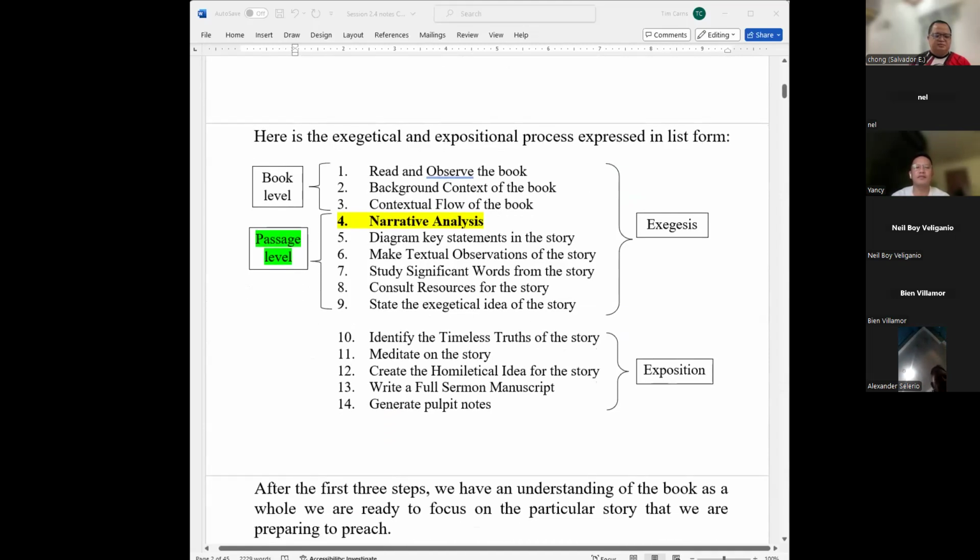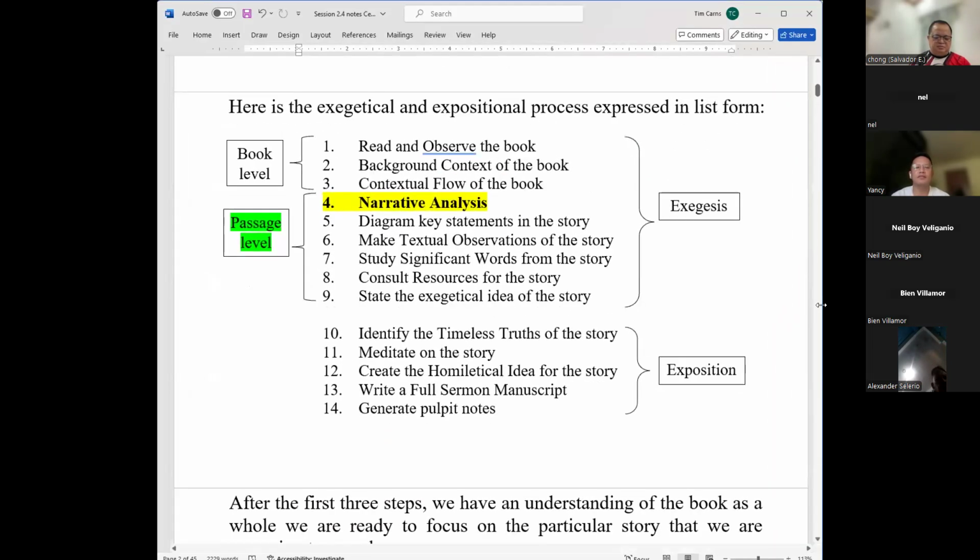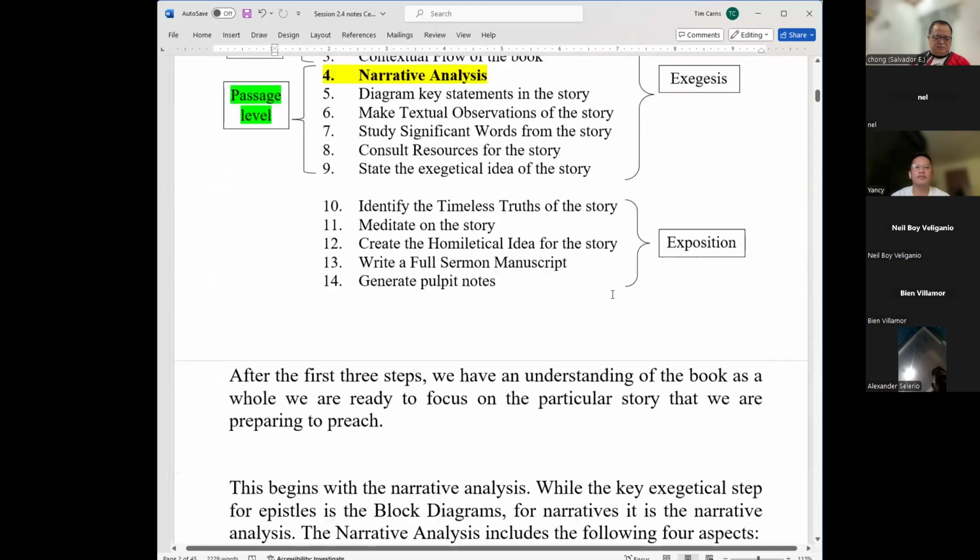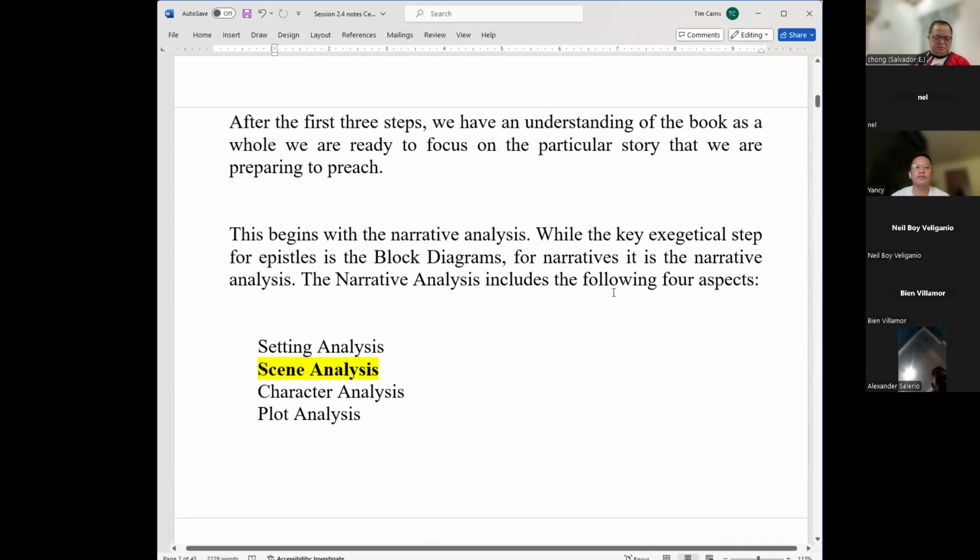This is the special part where we focus on the narrative features in the story. If you remember, the narrative analysis included looking at four key parts of the narrative stories, and that is the setting, the scenes, the characters, and the plot.